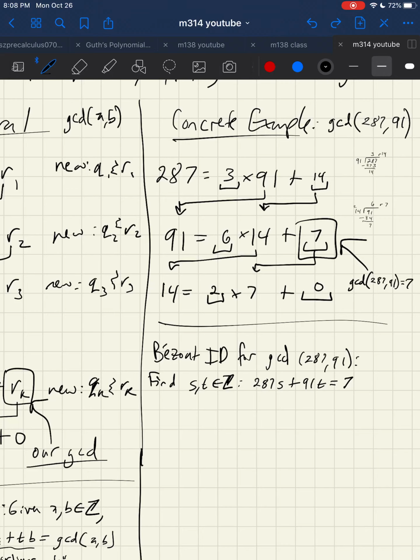And the way we're going to do this is we're going to just run through the Euclidean algorithm backwards. So I'm going to solve this for 7. I do this by running through the Euclidean algorithm backwards, so that's why I need to write down all these numbers from this calculation.